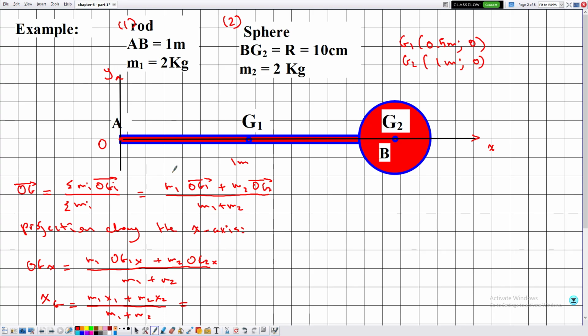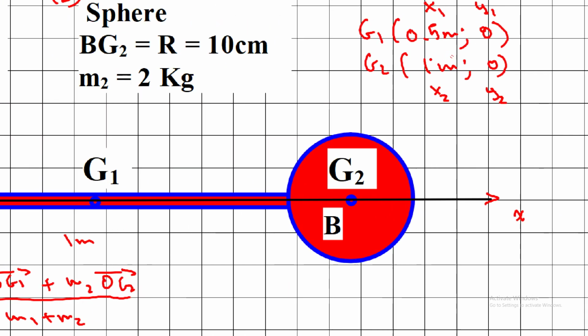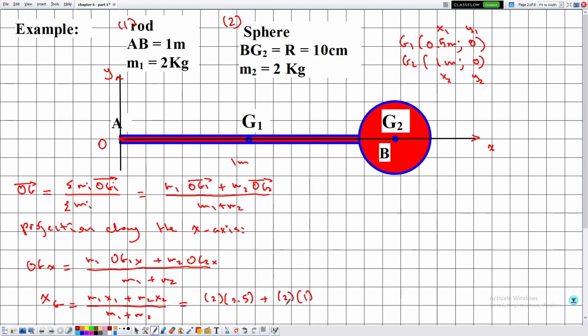So now the value of x_G is given by M1 times x1, so this is x1, y1, x2, y2, where x1 is 0.5, plus M2, which is 2, multiplied by x2, which is 1, divided by the total mass, M1 plus M2, so it's 2 plus 2.